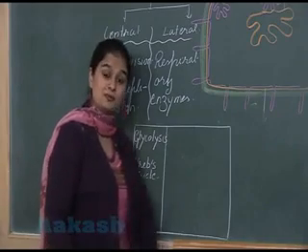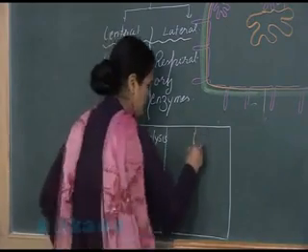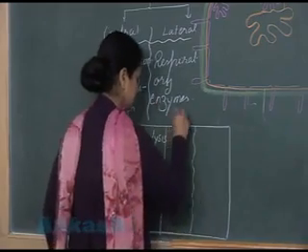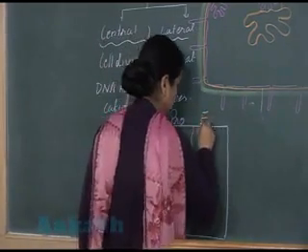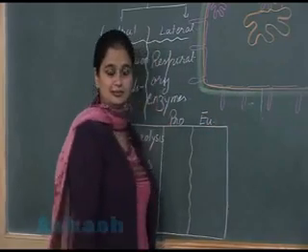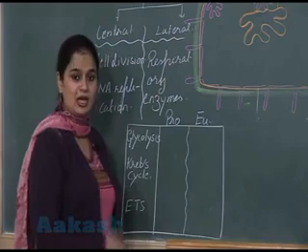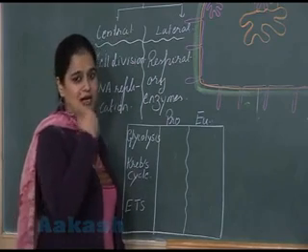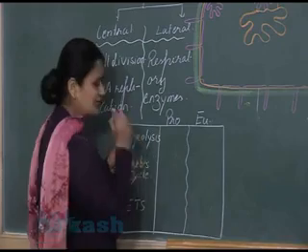Let's see what is the positioning of these steps in the case of the prokaryotic and eukaryotic cells. Write PRO for prokaryotic and EU for eukaryotic. So we have to see where these steps occur in prokaryotic and eukaryotic cells. Let's start with glycolysis.